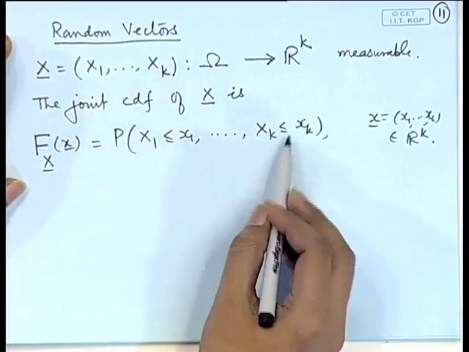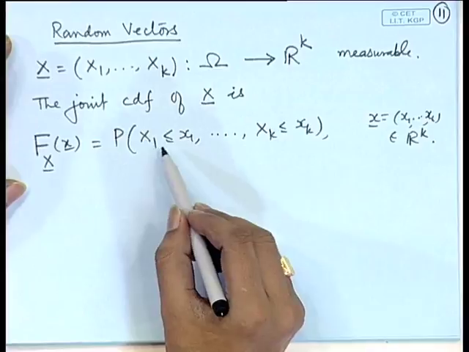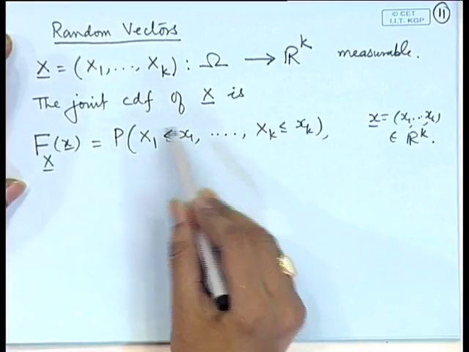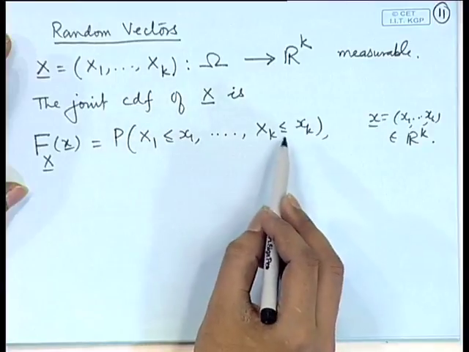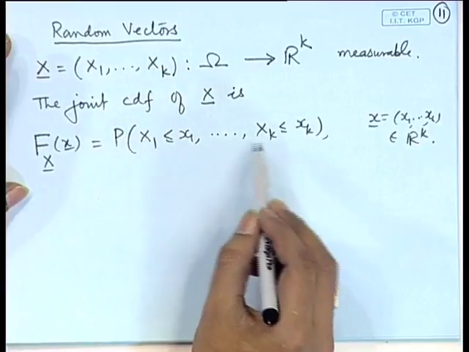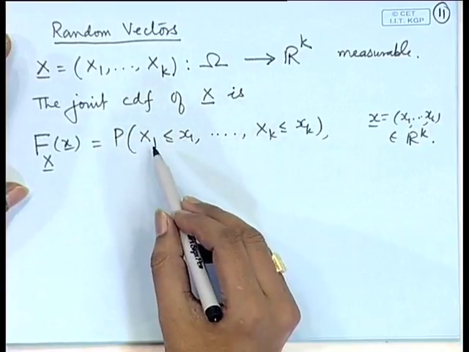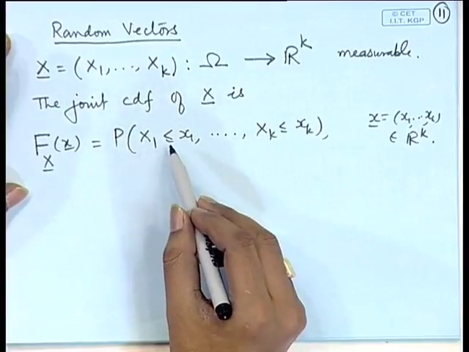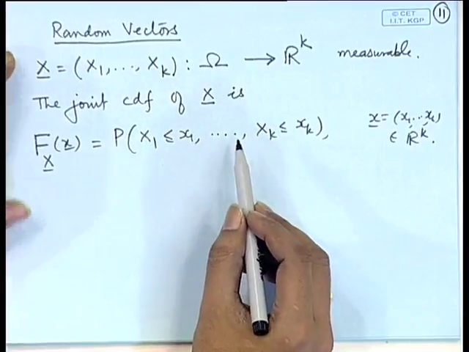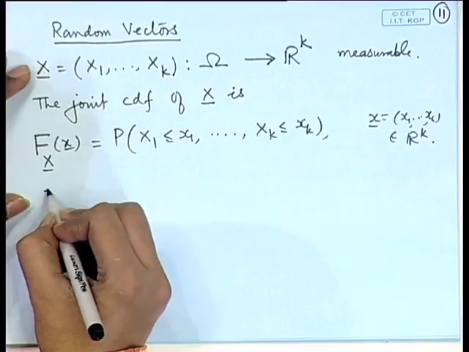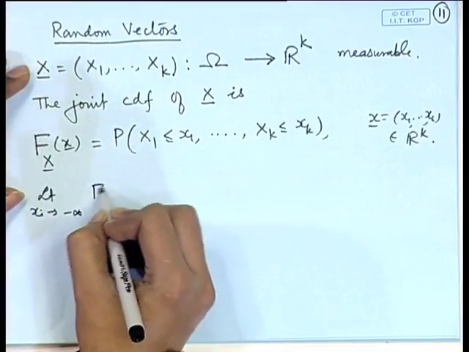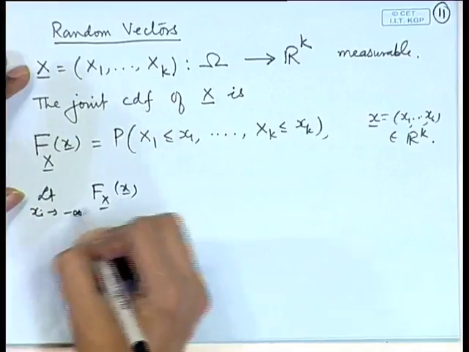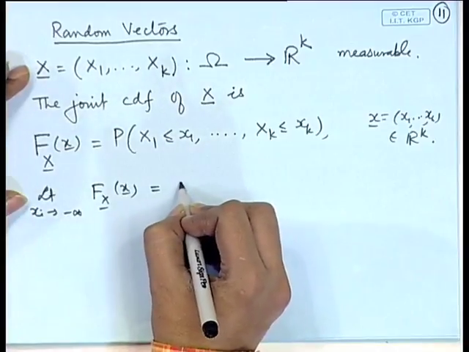Now, as in the case of two variables, this function is giving complete information about the types of random variables Xi's are, and also the probability distributions of individual Xi's or conditionals. For example, if I take limit as xi tending to minus infinity in any i, then this will be 0.